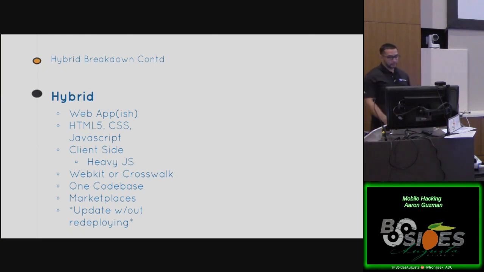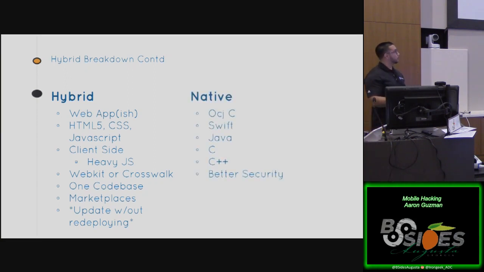I'll talk about one of the most common hybrid frameworks. I was talking about WebView, which basically renders the web page, and it could use either WebKit or Crosswalk, two different web runtimes. The native code, like I said, has its own native vulnerabilities.